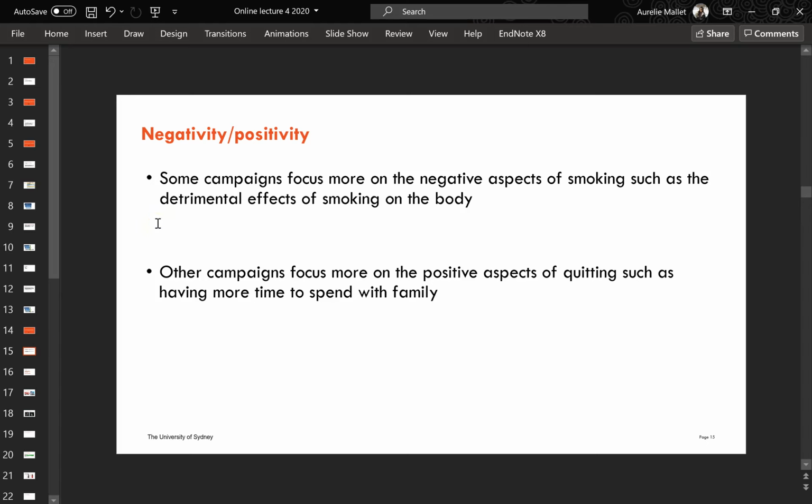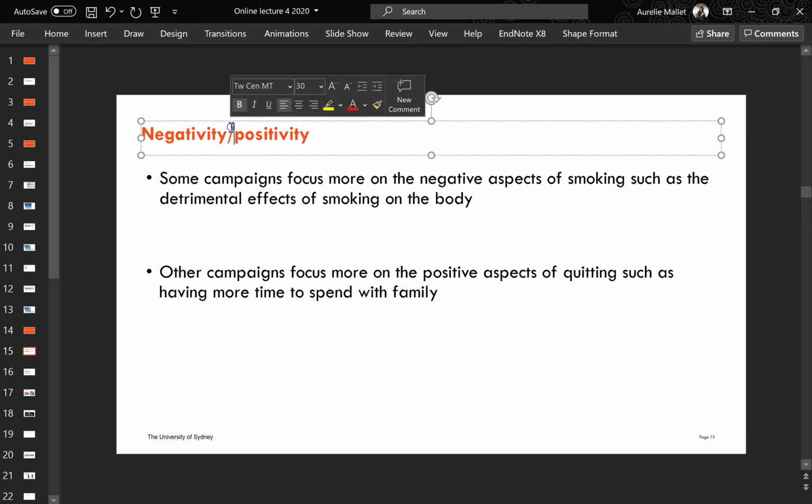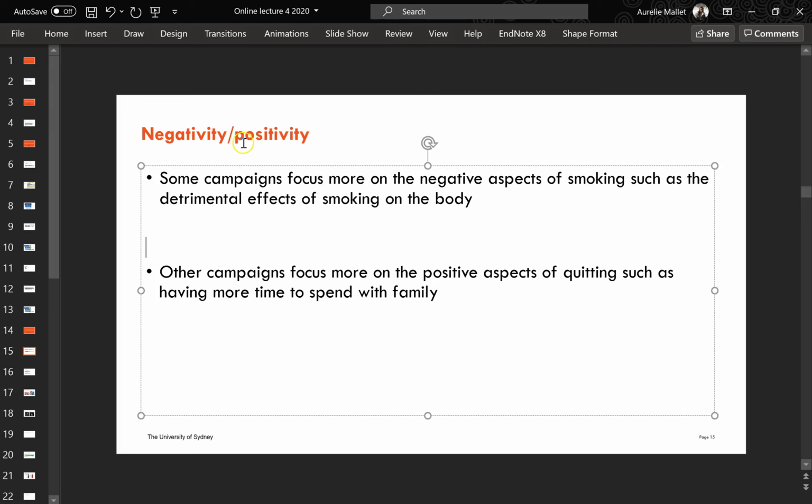Then in a couple of weeks, we're going to look at how we can use this same set of strategies to actually design things. Today I'm only focusing on how we can use them to analyze the campaigns and the campaign materials of the NTC, and in next week and the week after, we'll look at how we can use them to design things. Alright, so the first set of strategies are negativity and positivity.